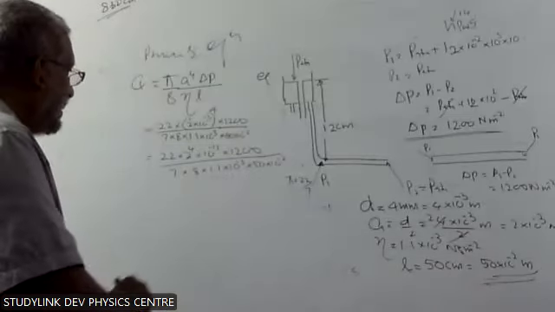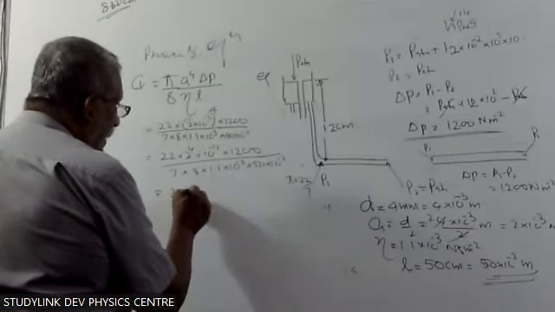Right? So then this can be written as now 22 into 16.